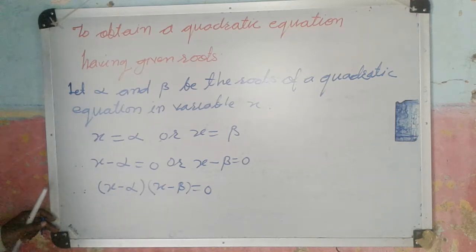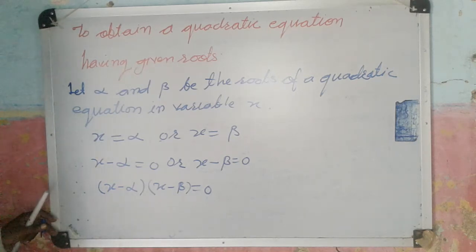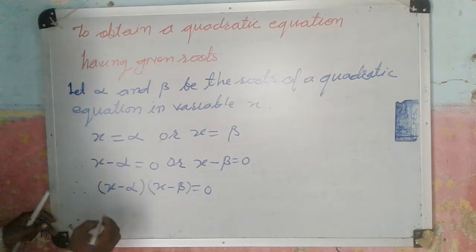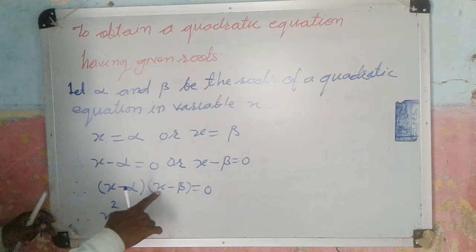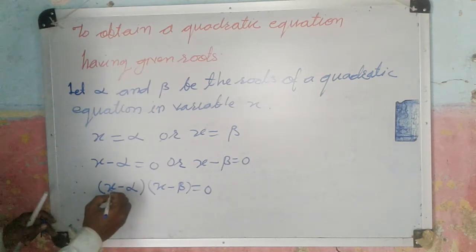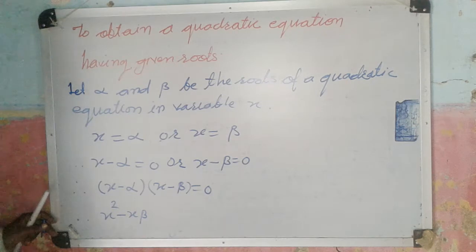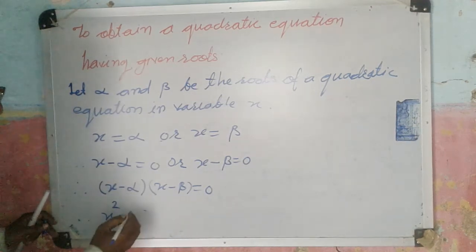And now, if you multiply these two brackets, here we get x into x, x square, minus x into beta, minus x beta or beta x.